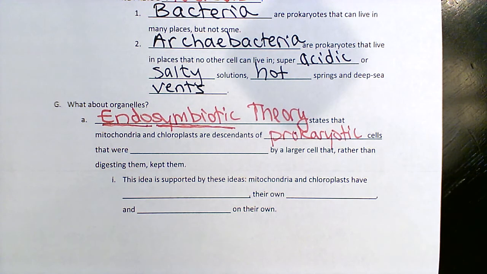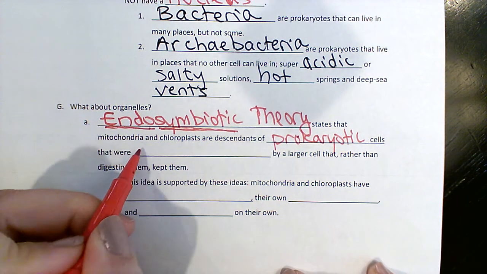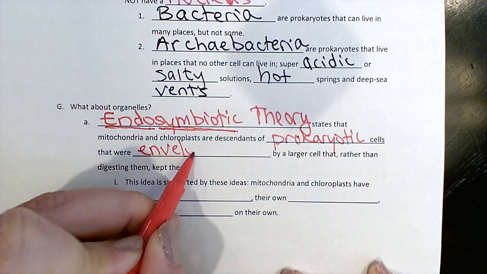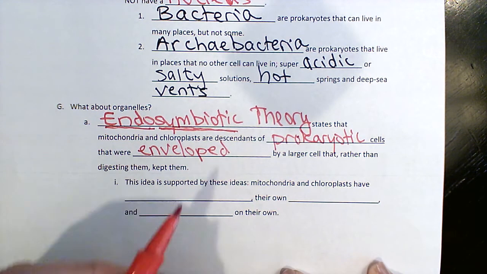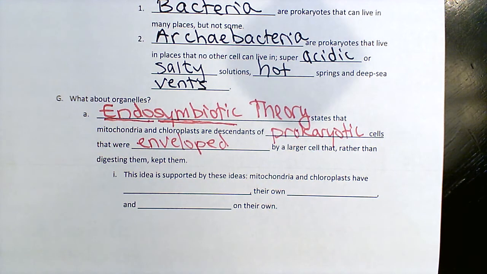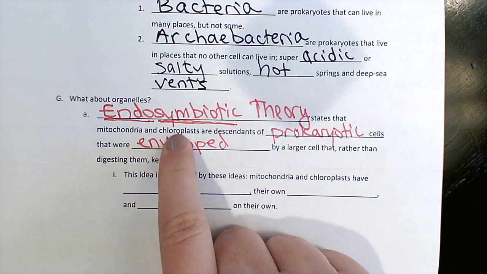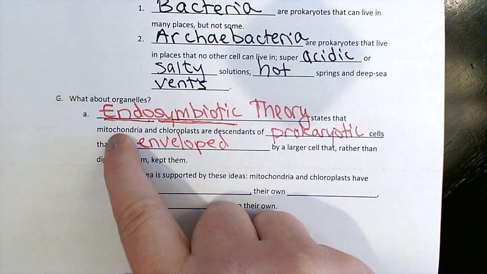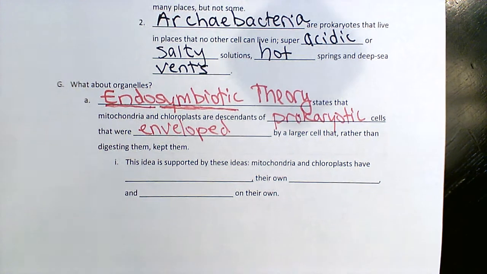Their ancestors were separate cells, and at some point they were enveloped or taken in by a larger cell that, rather than digesting them and using them for nutrients, didn't. Some of those bacteria would have been photosynthetic bacteria, and they became chloroplasts, and some of them were really efficient at using food and creating ATP, and they became mitochondria.